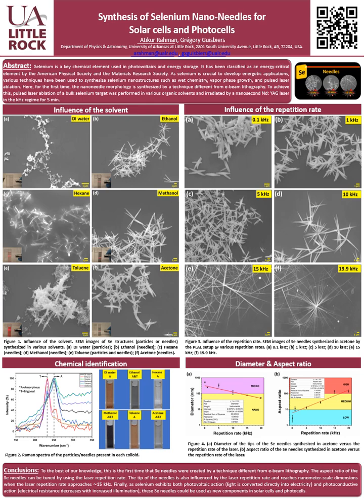After that, we chose acetone to check the influence of the repetition rate. On this right side, everything is done in acetone. We synthesize those nanoneedles in acetone, but this time we change the frequency of the laser, meaning how many laser pulses hit during the synthesis protocol.